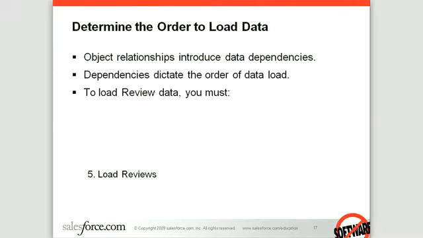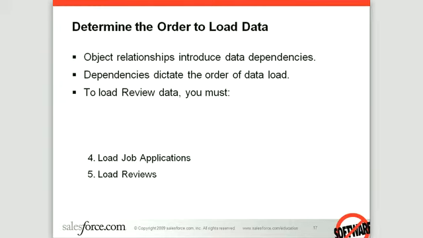If that job application doesn't exist in the database before that review is inserted, then it's going to result in an error because it couldn't locate the associated job application. So if we're going to load in a set of reviews into our database, the last thing we would do is load in the reviews, because the reviews refer to the job applications.